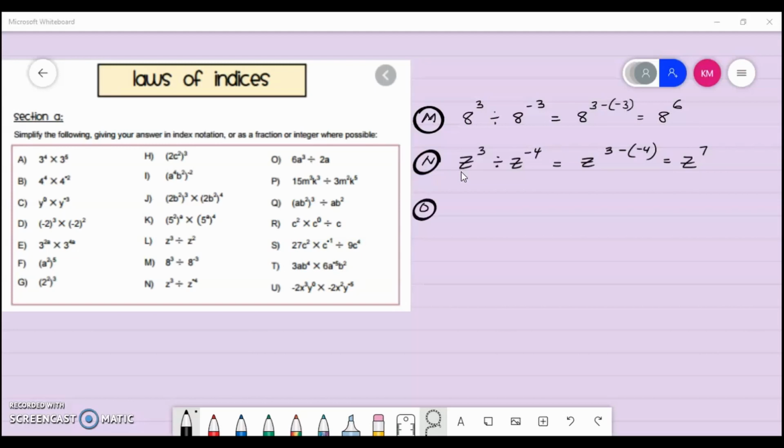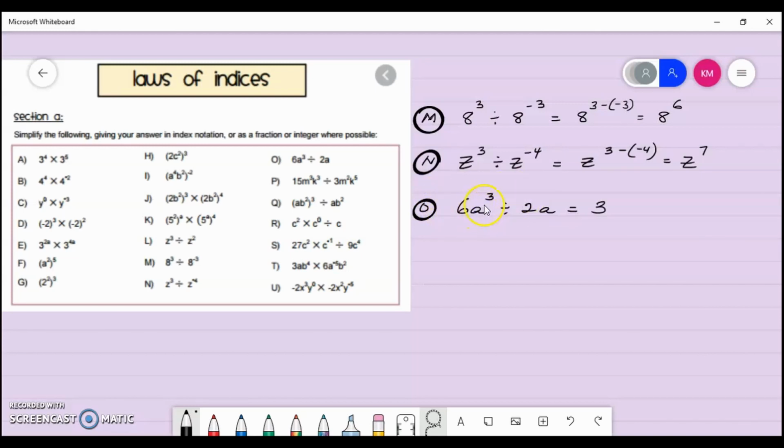Next question. 6a to the power 3 divided by 2a. Now, if we look at this, we will realize that this 6 and this 2 isn't represented in index form. So we don't have basically the same base in this case. So what we'll have to do is say 6 divided by 2, we are going to get 3, and then we work our a separately.